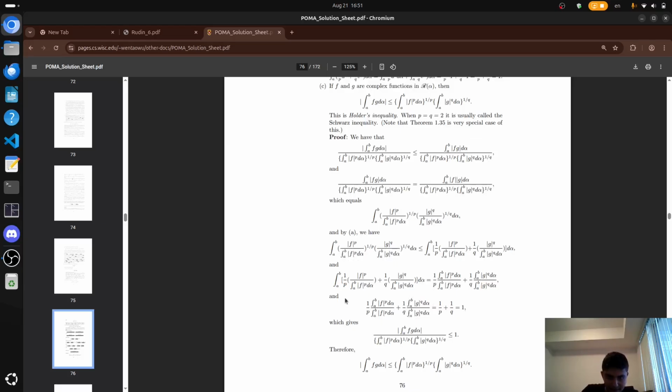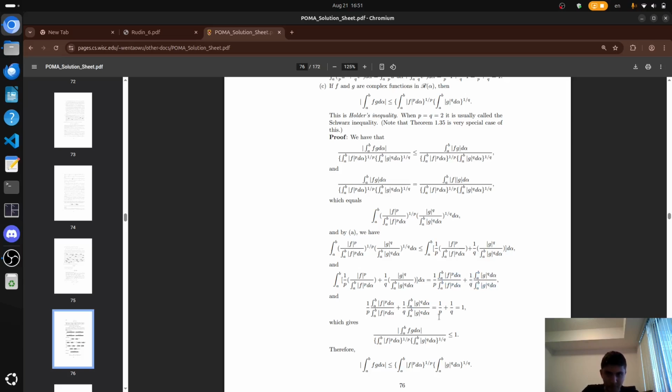And this expression over here now, we can just expand it out and get that it is equal to 1 over p times the integral from a to b of f to the p d alpha plus 1 over q times the integral from a to b of g to the q d alpha, divided by the same things now. See? It's really interesting.